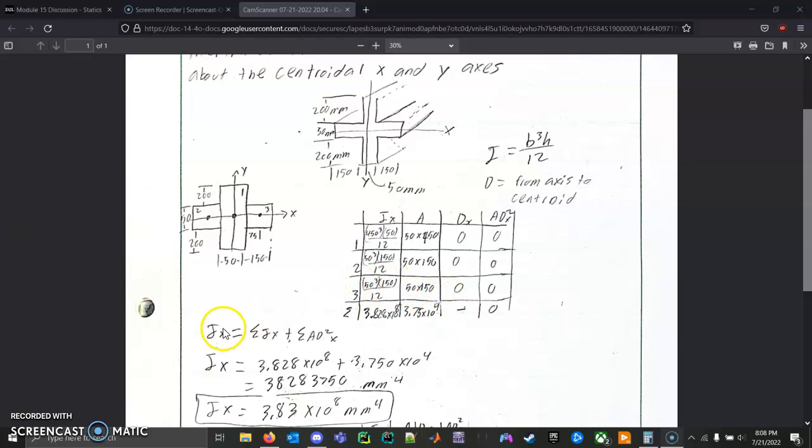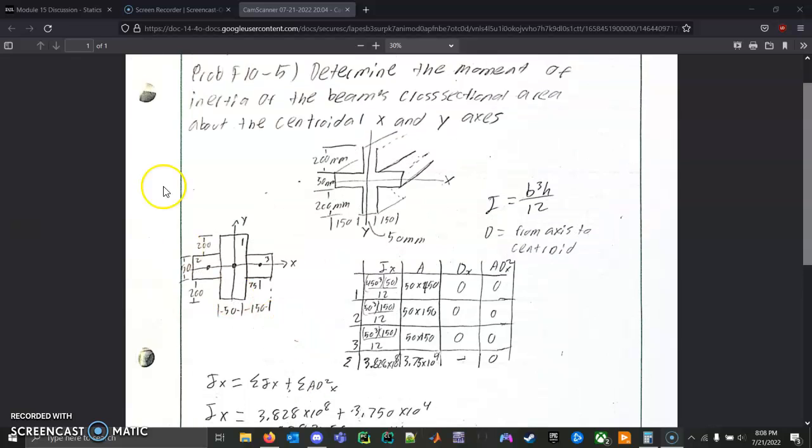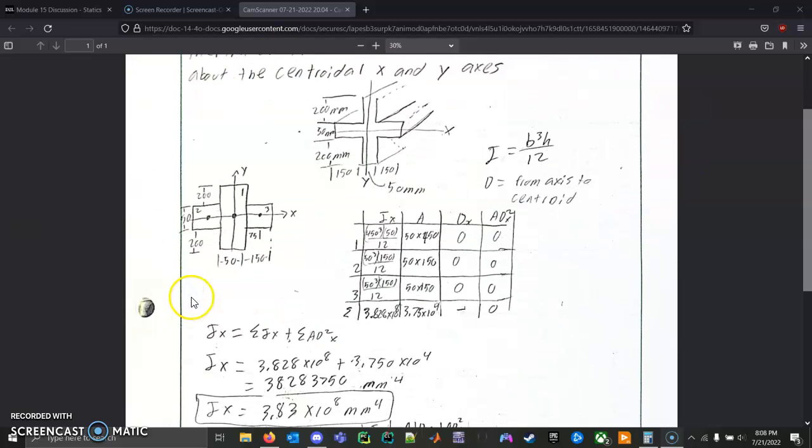Then, to solve for the moment of inertia of x, so Ix, we're going to have the summation of your Ix here plus the summation of your A dx squared.